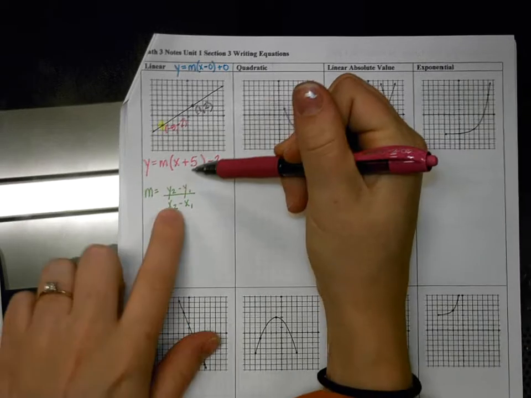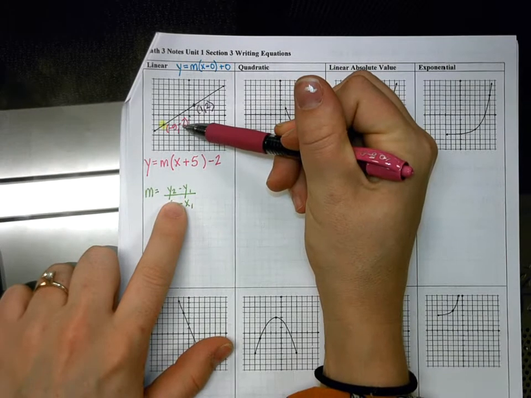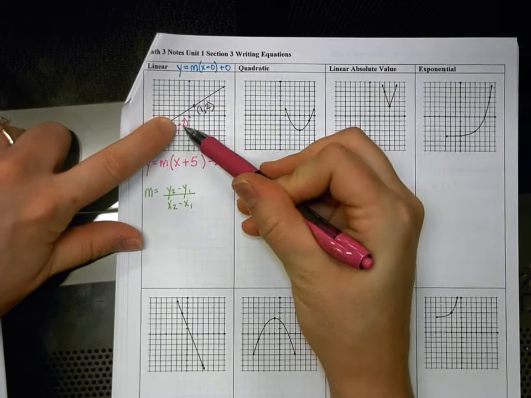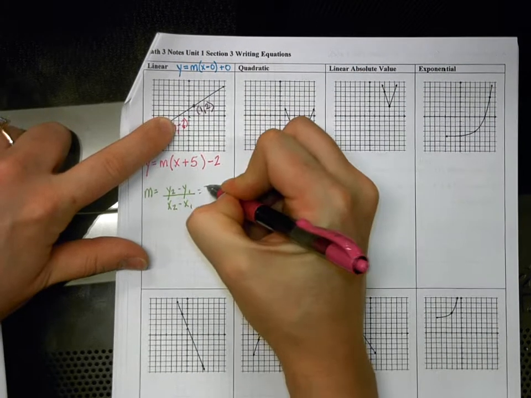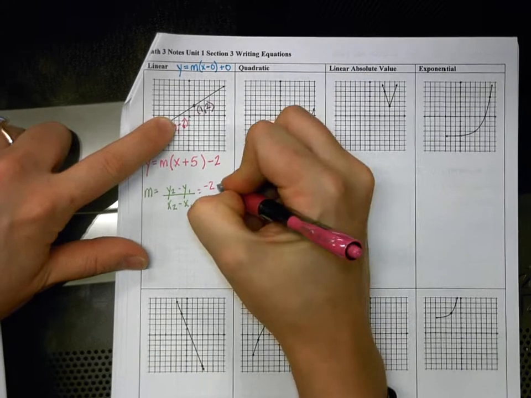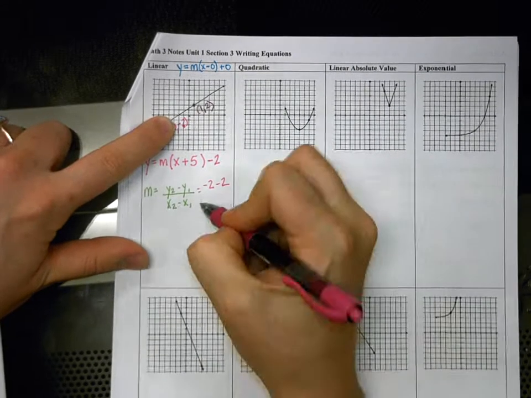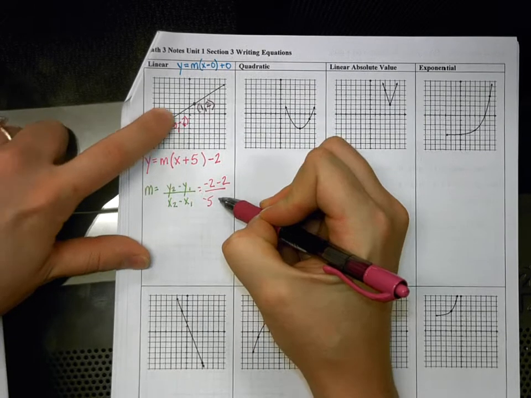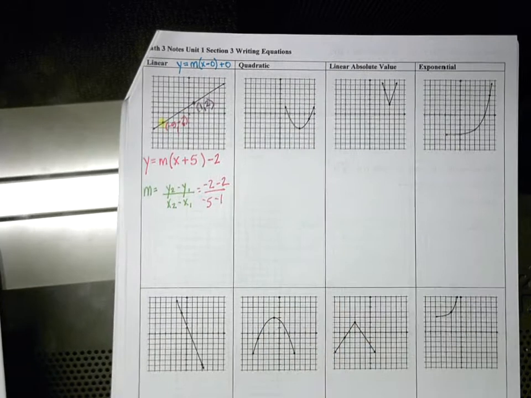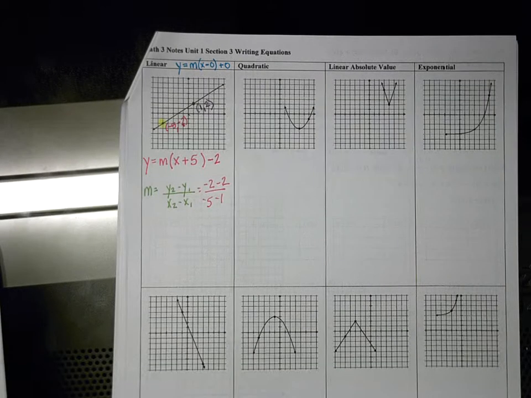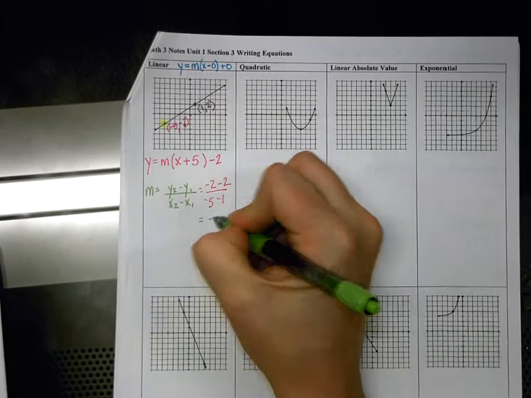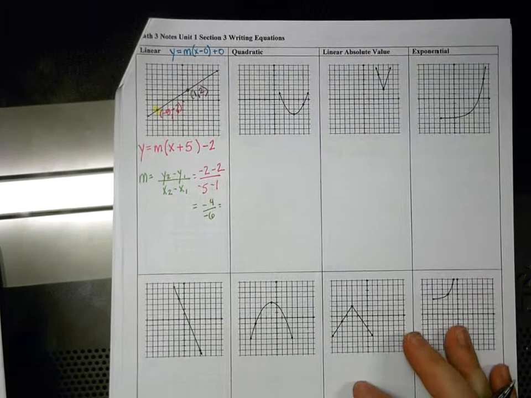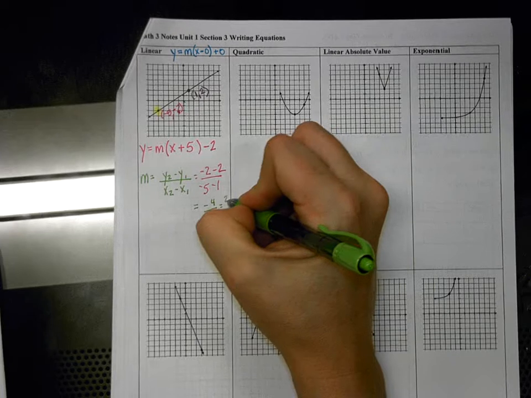Alright, so if I use this one as my y2, I'm going to do -2 minus y1, 2, over -5 minus 1. Which gives me -4 over -6 that reduces to 2/3.